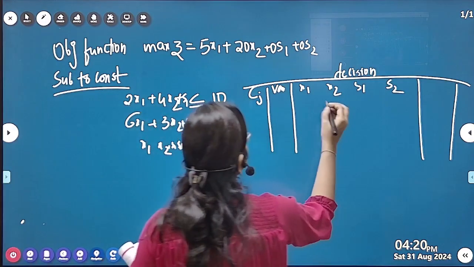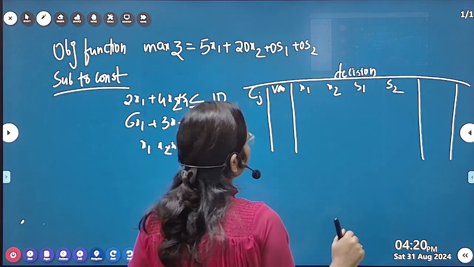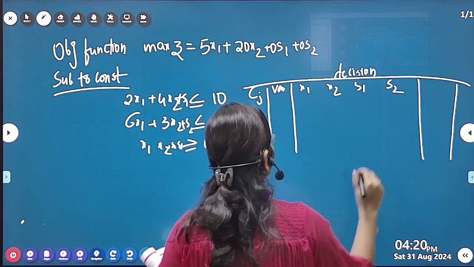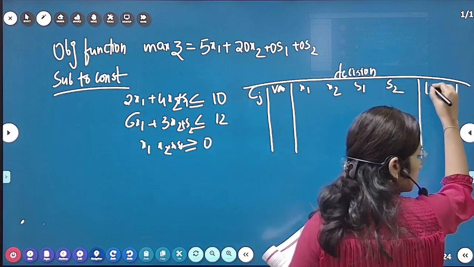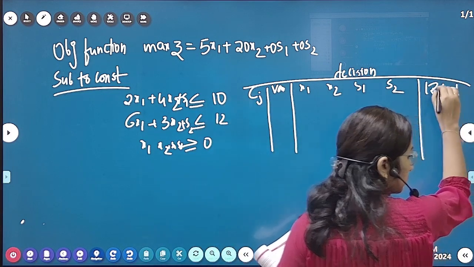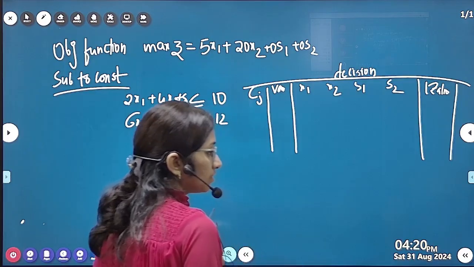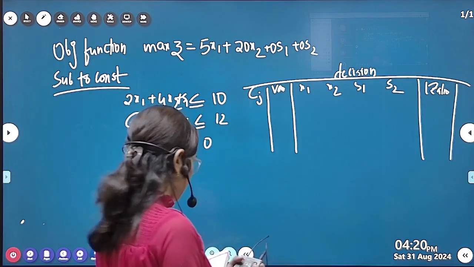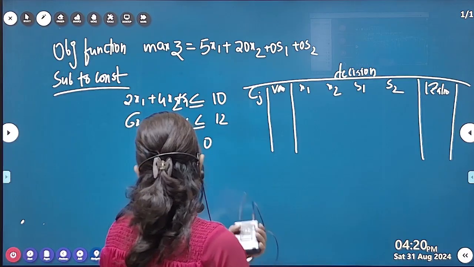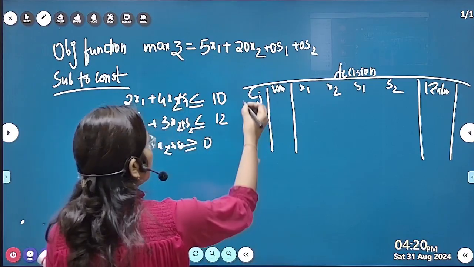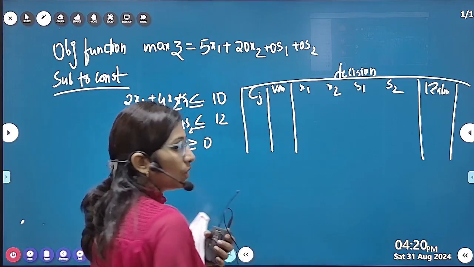So tell me what are the Cj values? Cj is nothing but contribution values. Okay?